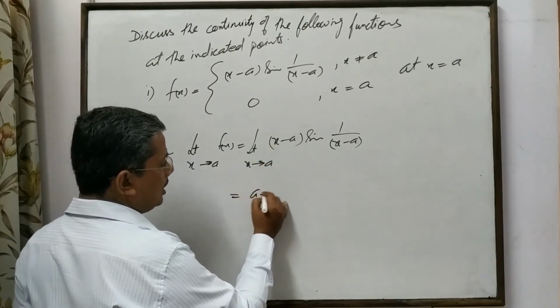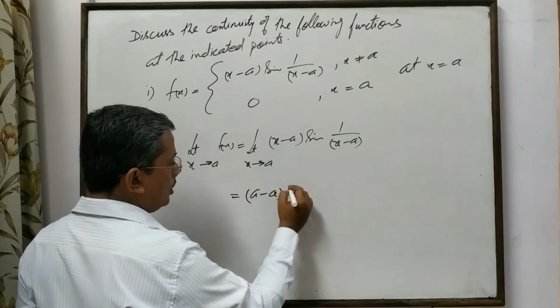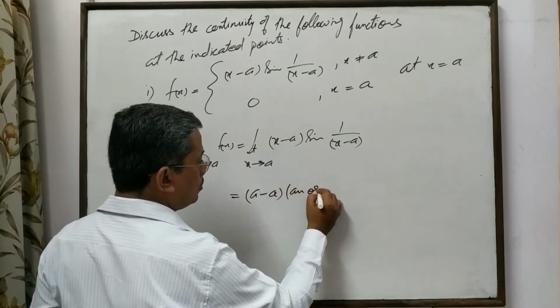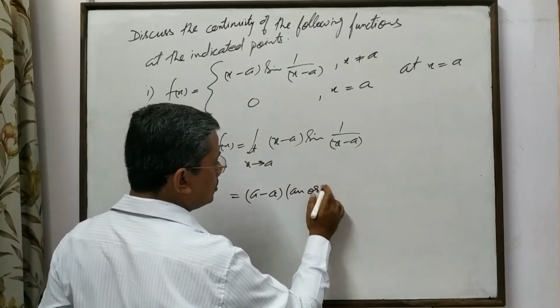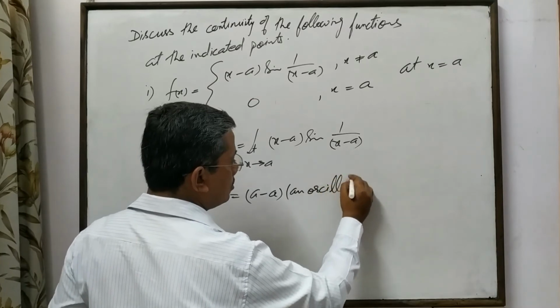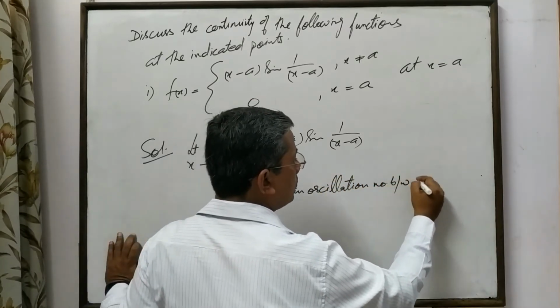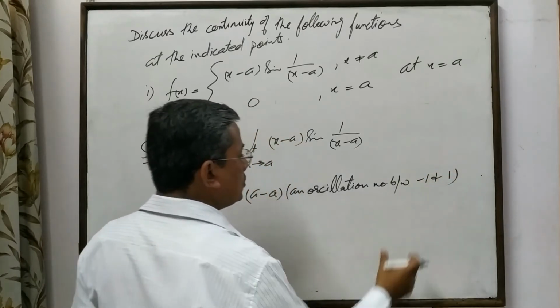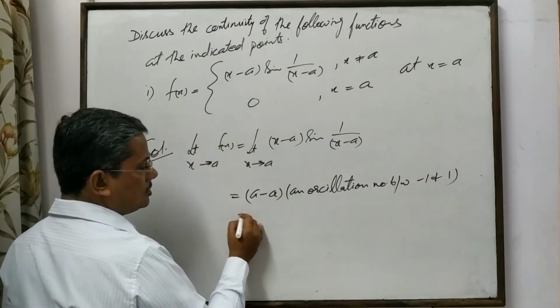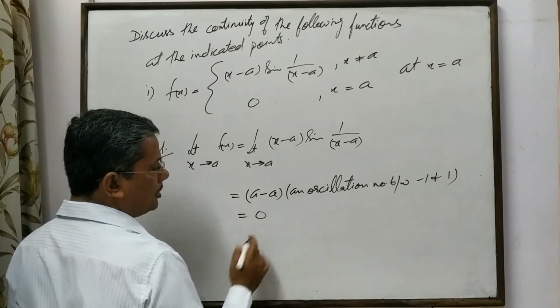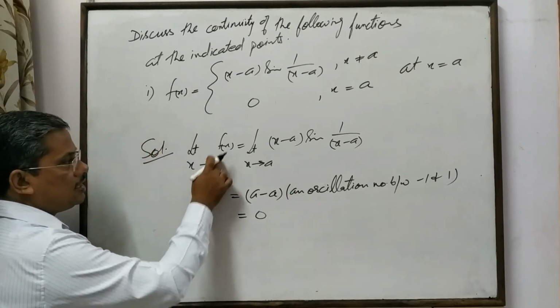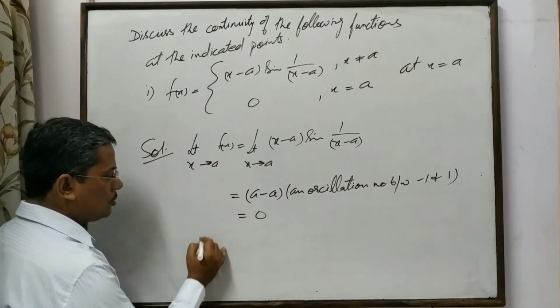So you can say 0 into an oscillating number between minus 1 and 1. So this is a finite value and this is 0. 0 multiplied by anything is 0. So limit x tend to a f of x is equal to 0.